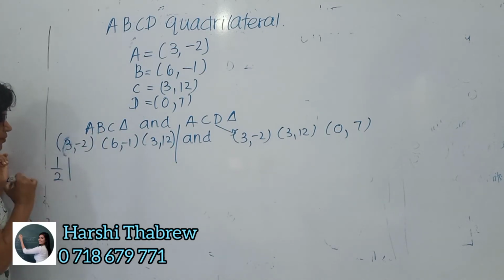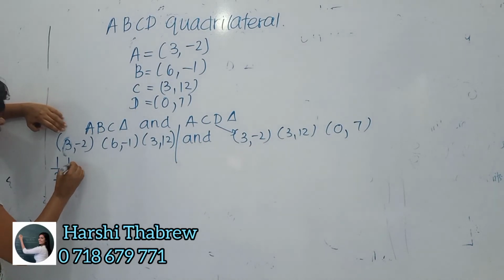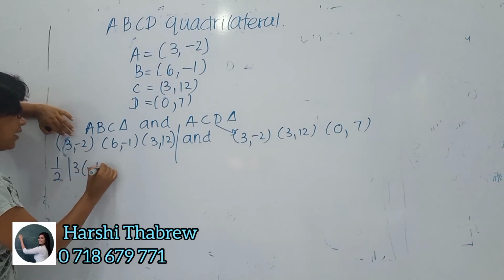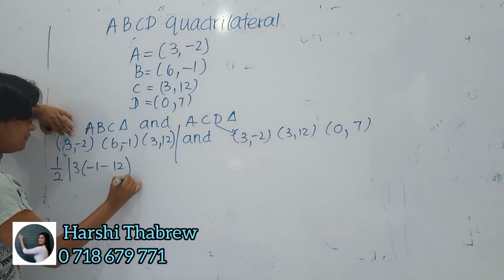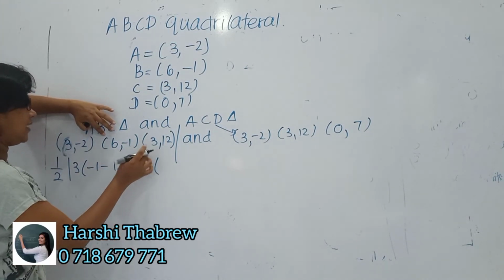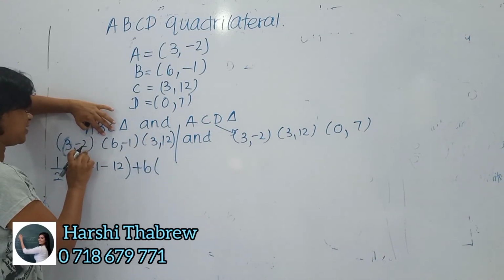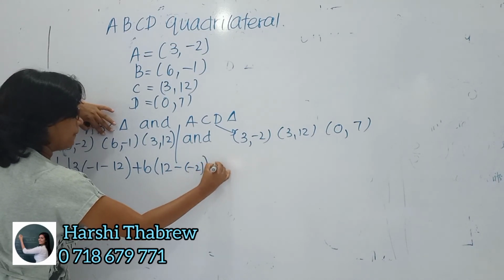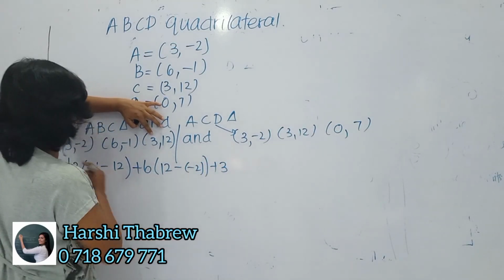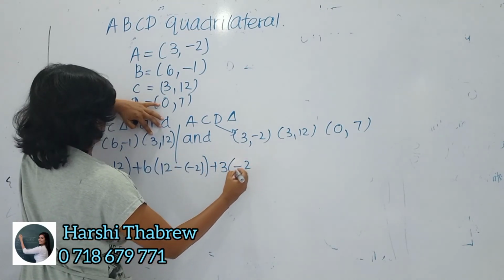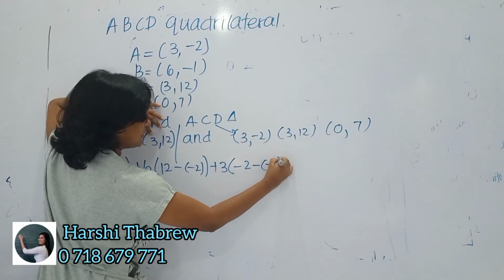It's half times modulus. Let's take this one as x1: 3 times (negative 1 minus 12) plus 6 times (you have to select the y coordinates of these two) (12 minus 2) plus 3 times (y coordinates of the next two) (negative 2 minus 1).